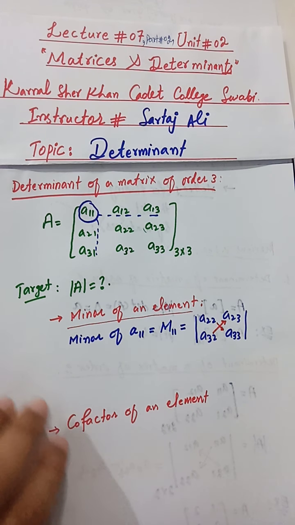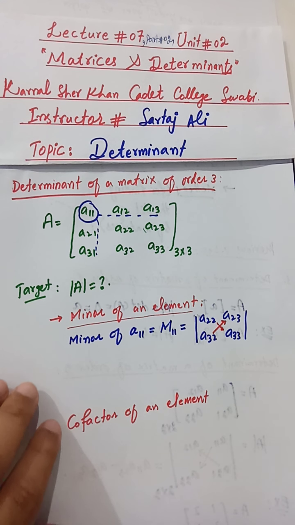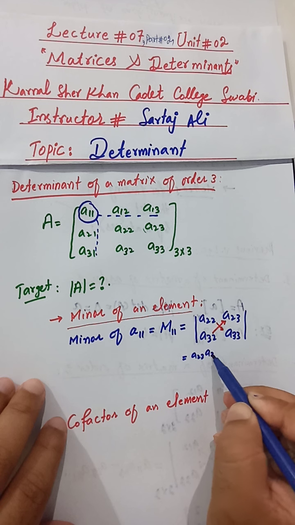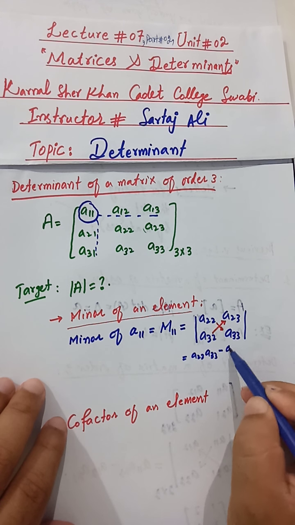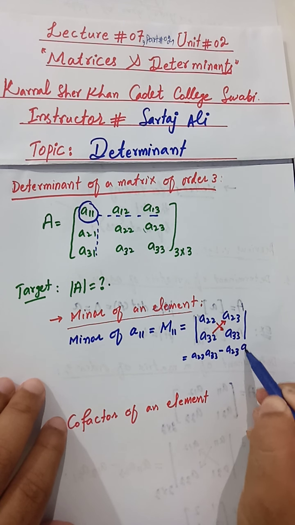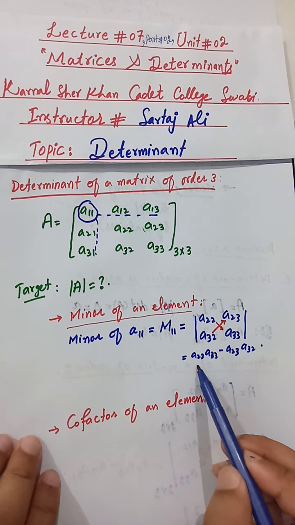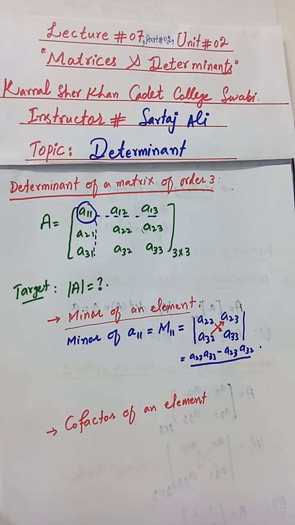So the minor of this will be equal to A22 multiplied by A33 minus A23 multiplied by A32. So you see that from this you get a single number. Remember, the minor of every element of a matrix is a single number. So this is the definition of a minor.